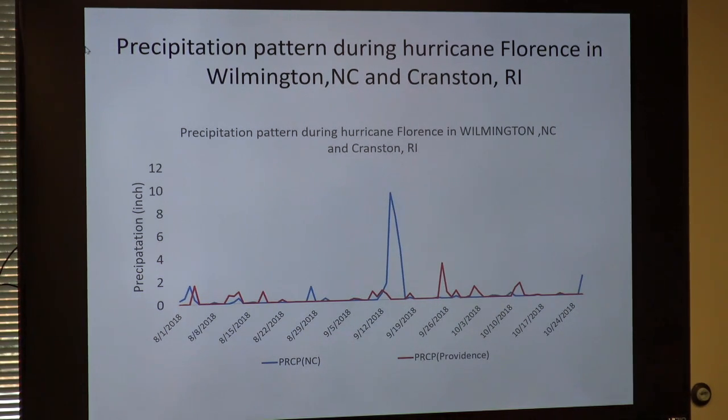The blue line is precipitation from Wilmington, North Carolina, and the red is Providence precipitation. If you focus on the one that has the highest peak, that was when Hurricane Florence hit Wilmington, North Carolina. That amount of precipitation looks similar to 2010, close to 10 inches.